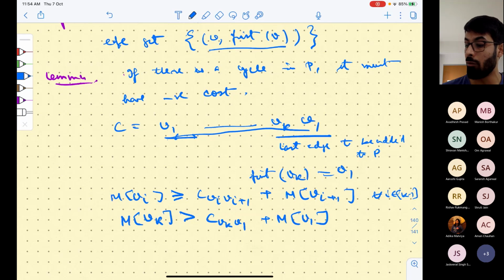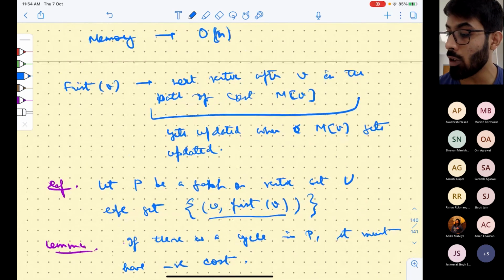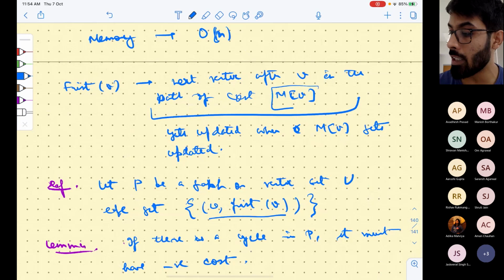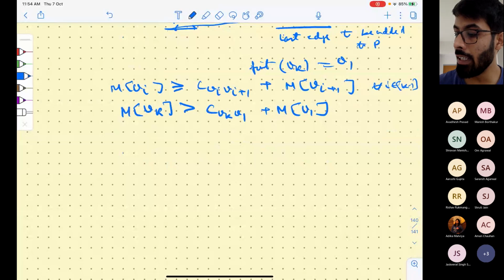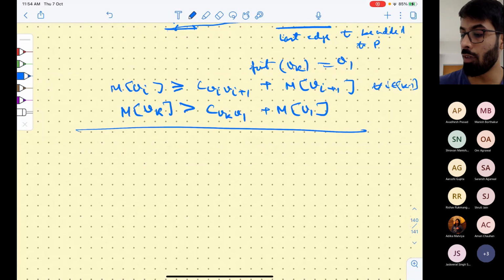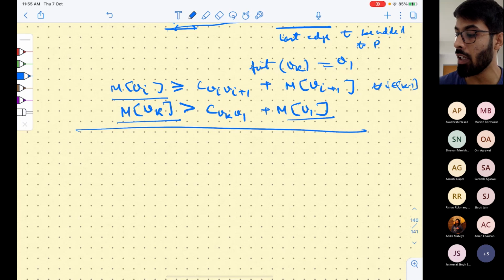So this is what we get by the equations because these edges are added to the cycle. That means the first values have been changed, and the first values change only when the M of V gets updated, and M of V gets updated when this value is less than this value, right? And then you just sum them all up. So these values get cancelled, M of Vi and M of Vk, because M of V1 and M of Vi are here.